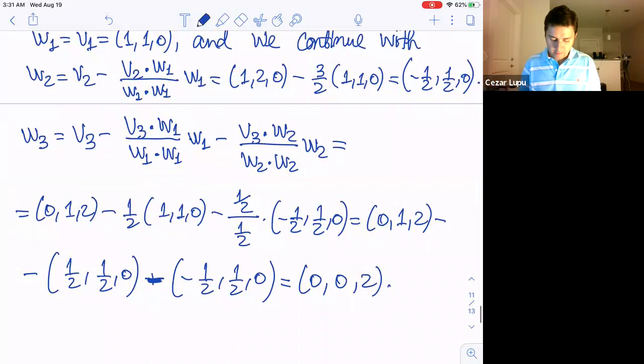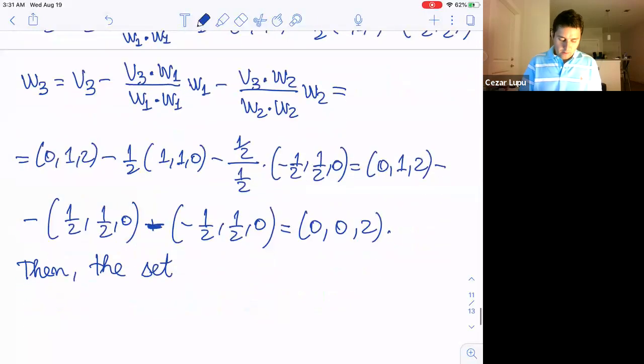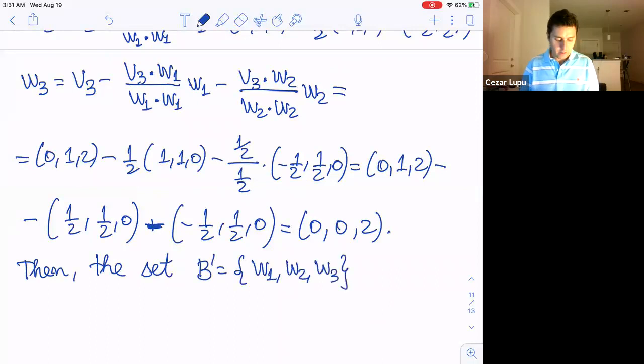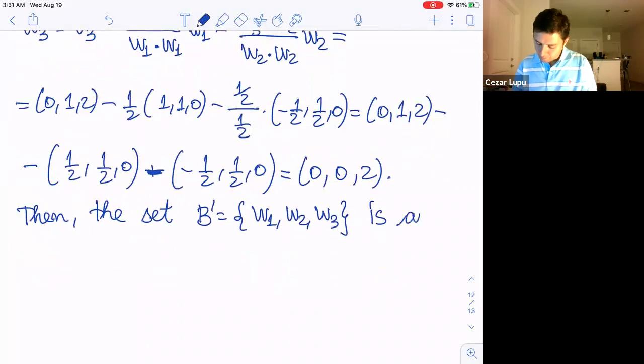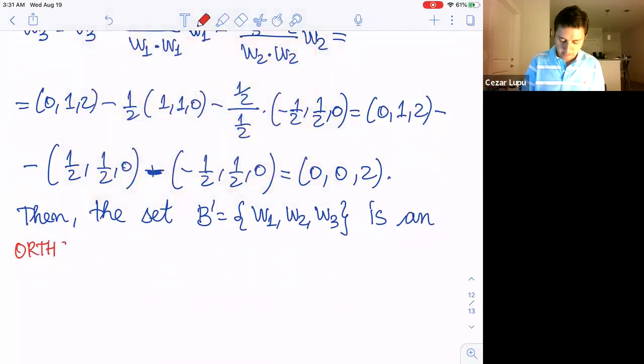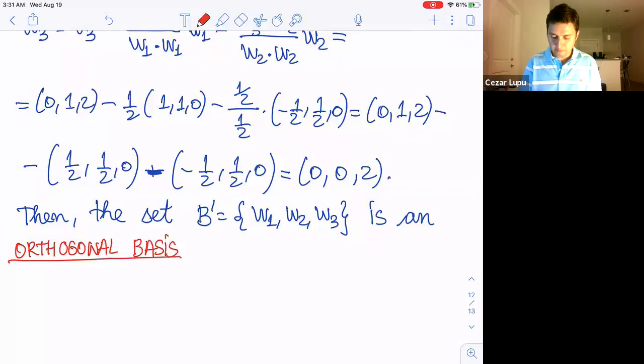Okay. Then the set B prime, which will consist of these three vectors, W1, W2, W3, is an orthogonal basis for R3.